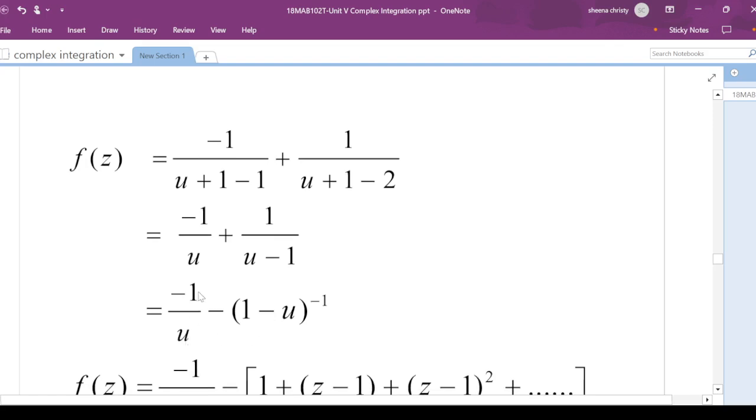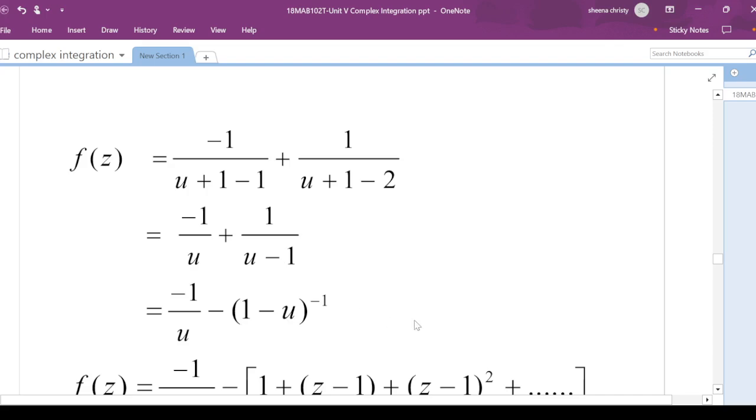So here you are not having any constant, therefore you can keep it just like that. If you are having any constant here, you have to make use of binomial expansion. So I can take the minus sign outside and write it in the numerator. You will get (1 minus u) the whole power minus 1. Why are we not making any changes here?